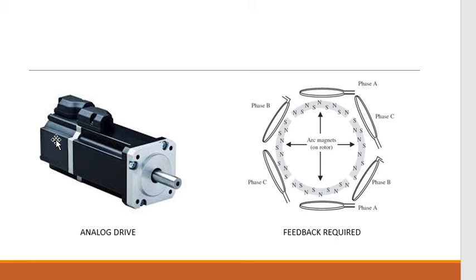Otherwise, the servo motor has an analog drive, so you can use floating angles. You can reach them, but the problem is that you have to make a feedback algorithm, or you have to add some sensors to sense the position.